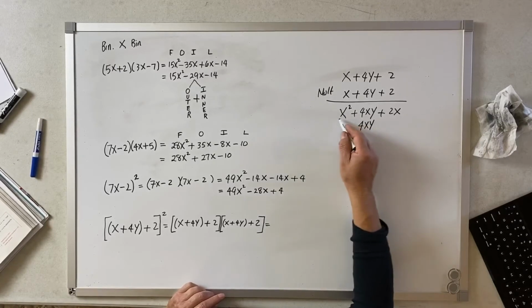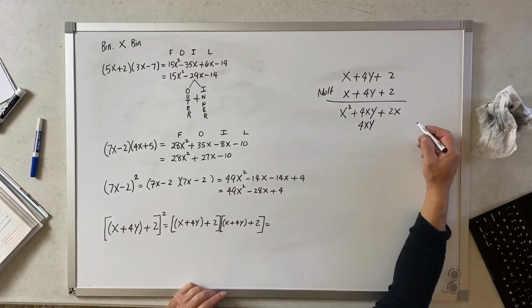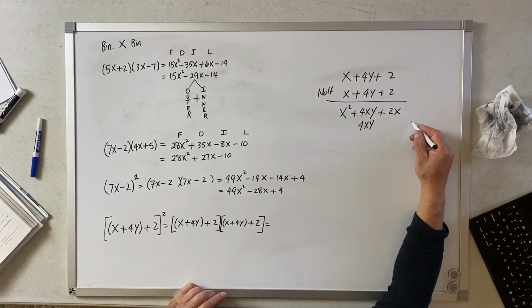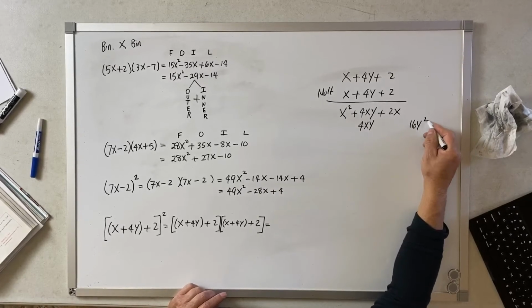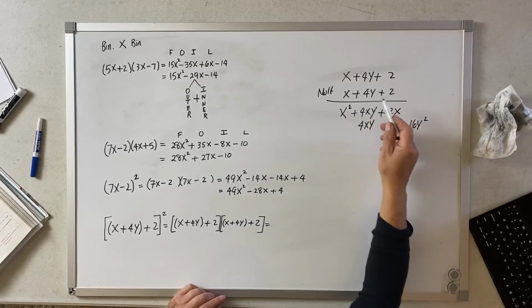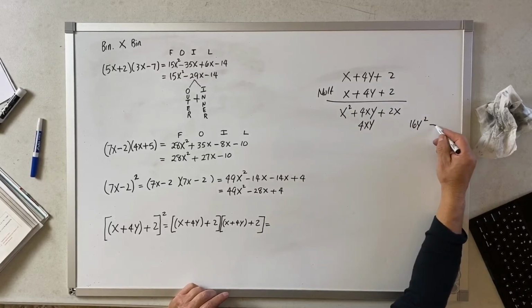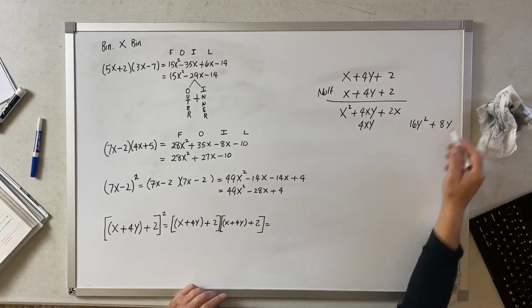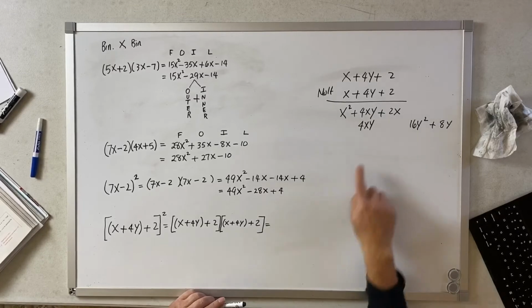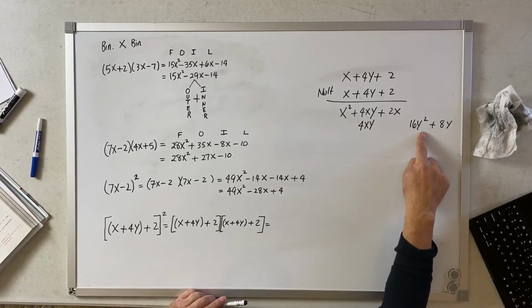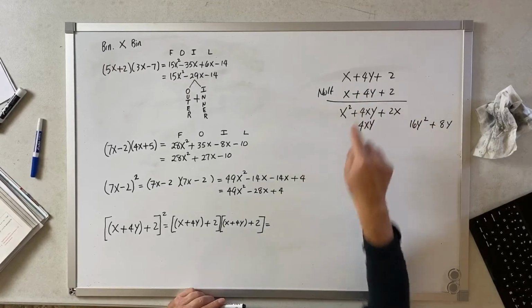Look, there's no other like term, so I will have to write it here. 16y squared. And then 4y times 2, what is that? Plus 8y. Okay, so this second line here is 4y times all of them.